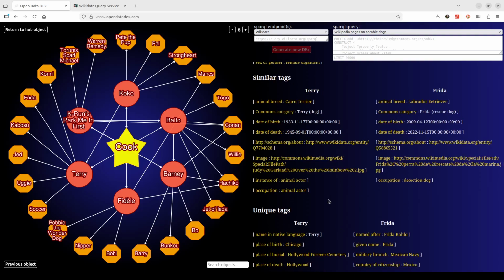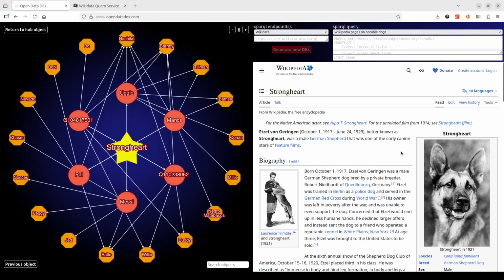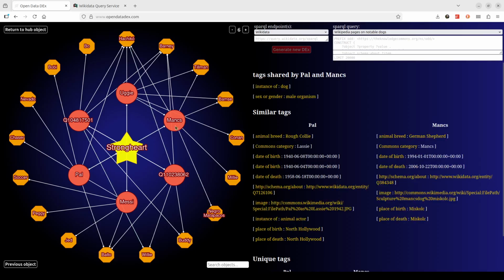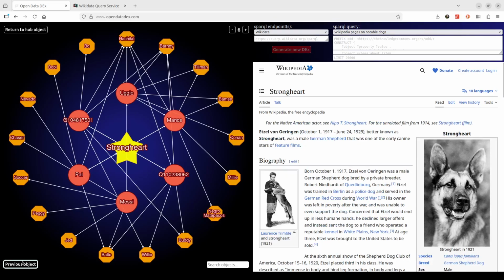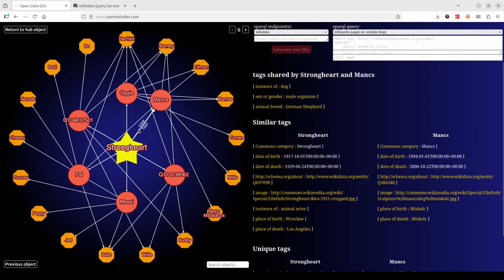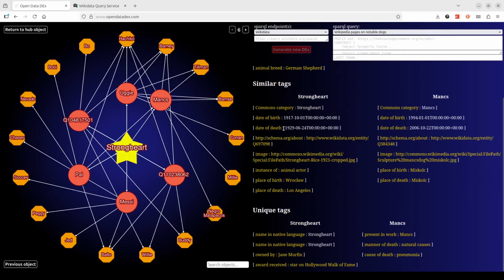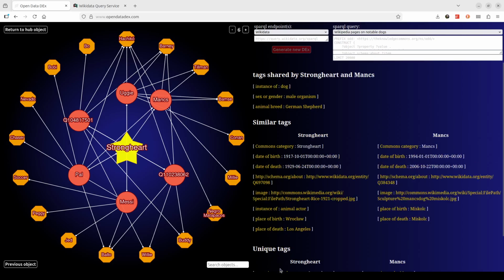Let's say this dog Strongheart, German Shepherd, another actor. If there is some movie database that has information about Strongheart, it can get linked to this Wikidata data that we have. Sometimes you've got to move a node to actually see the specific edge. But yeah, it can supplement this data that we have on Strongheart.